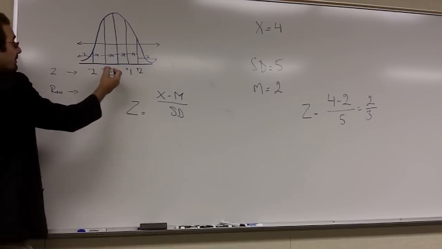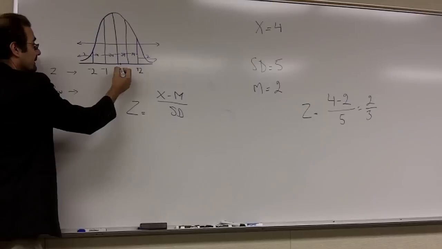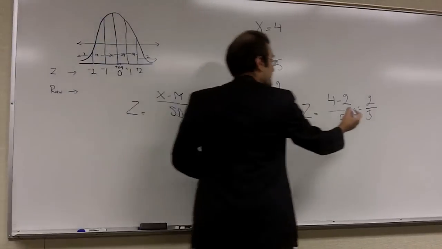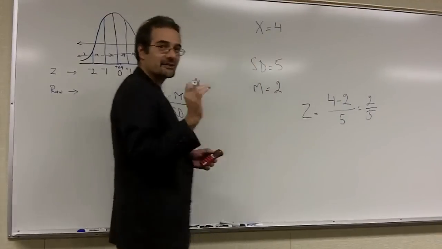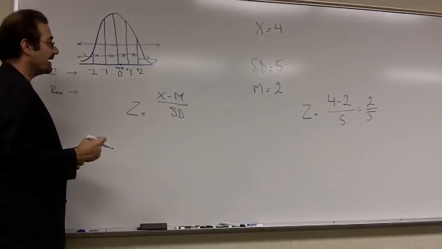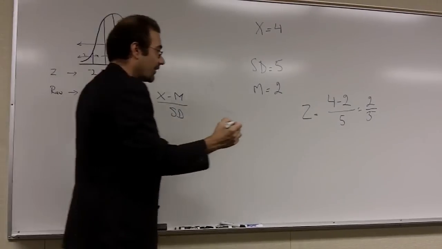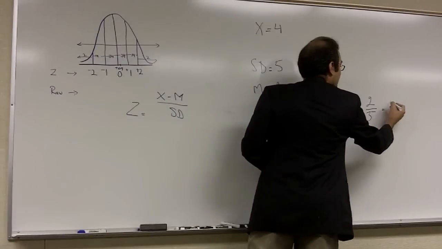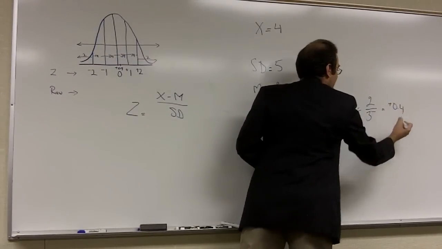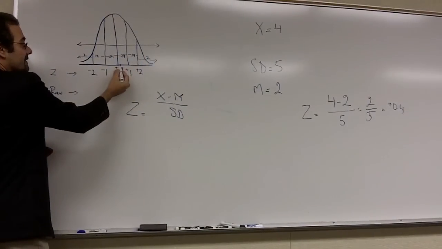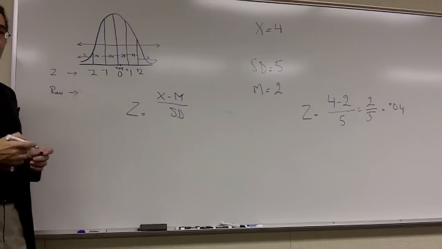Sorry, that's a 5. Thanks. So we are looking at a z-score of plus 0.4, and that puts it right here. So your z-score is 0.4.